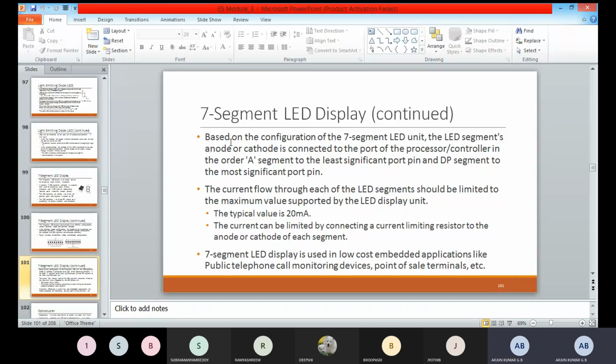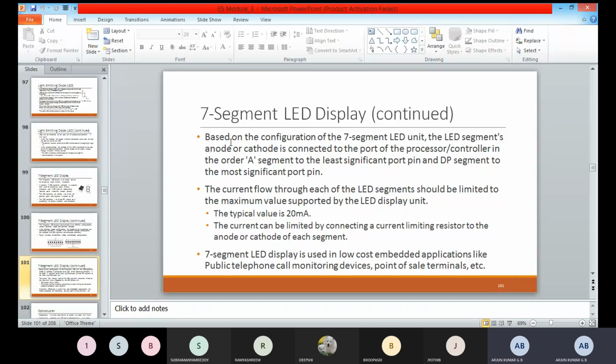Typically, the maximum current value of the LED display will be 20 milliamps.